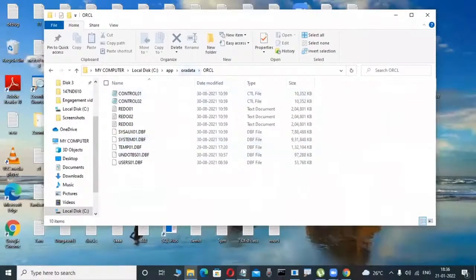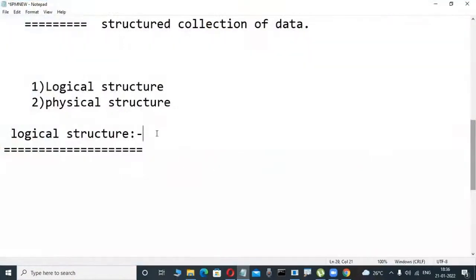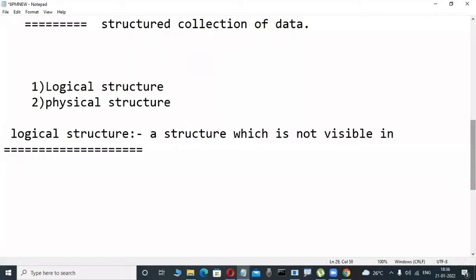So what does a logical structure mean? Don't write it: a structure which is not visible in the operating system is called the logical structure of the database.